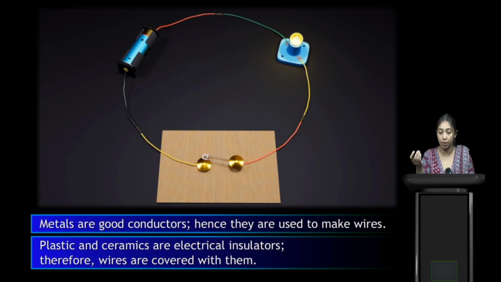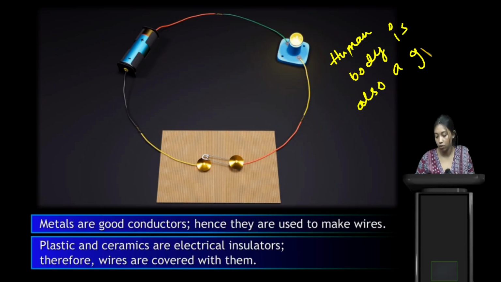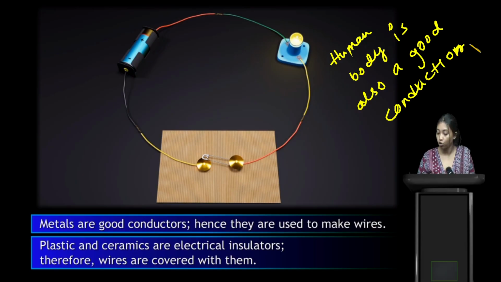That's why wires are covered with them, because we know that our body is also a very good conductor. Human body is also a good conductor.